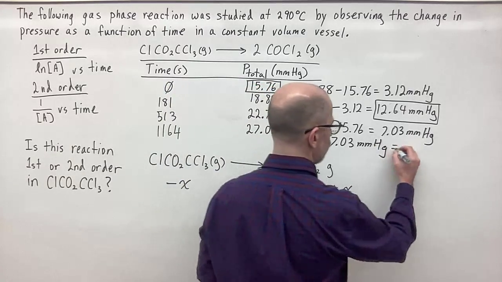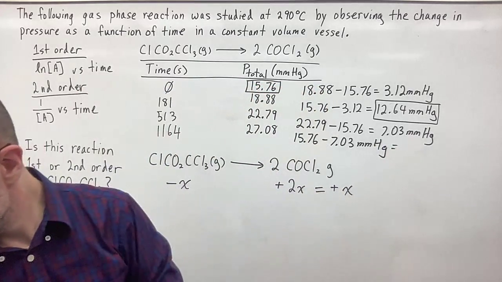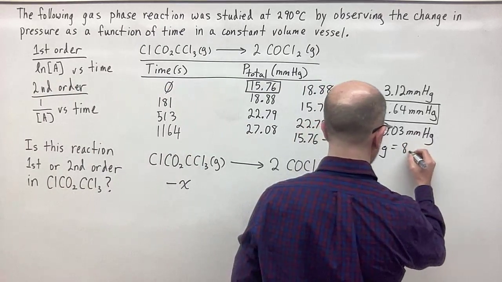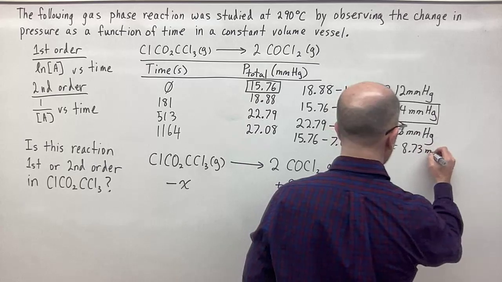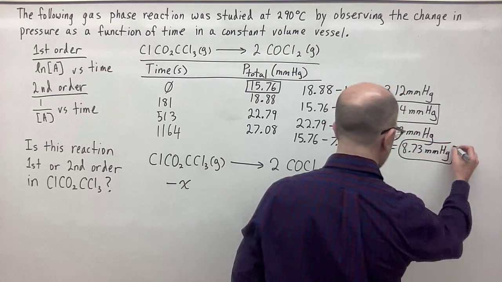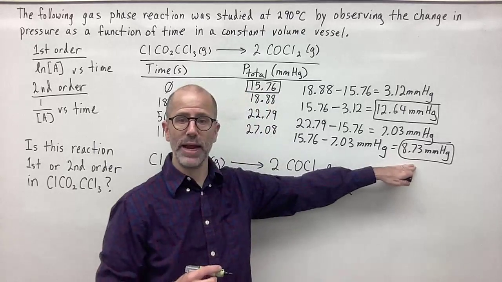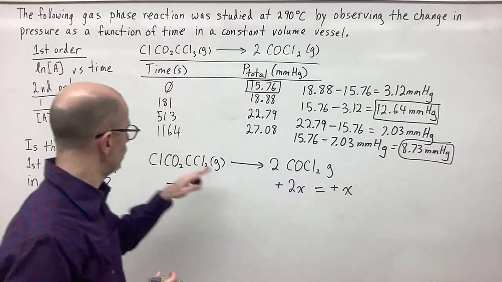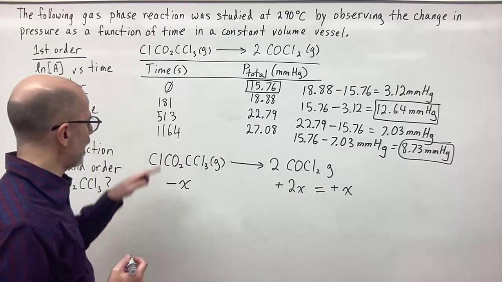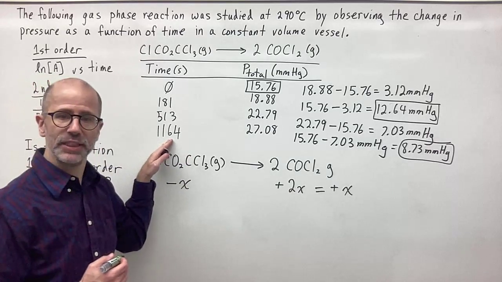And that's going to give me, what did I get? 8.73 millimeters of mercury. So this is the amount of reactant I have left after 513 seconds.